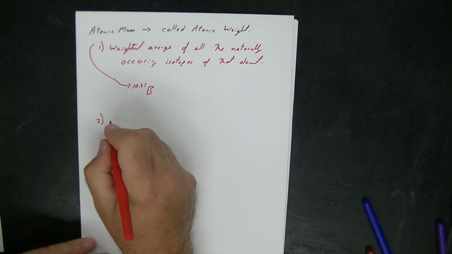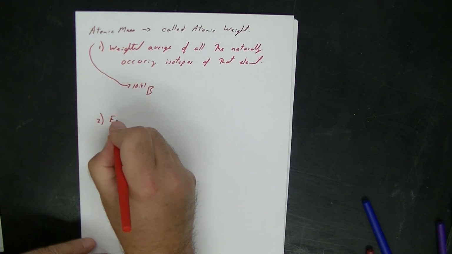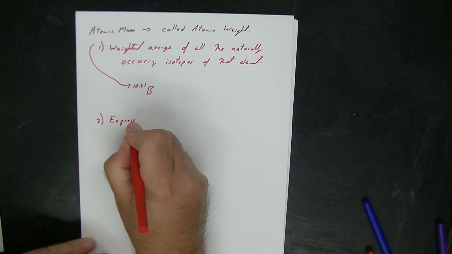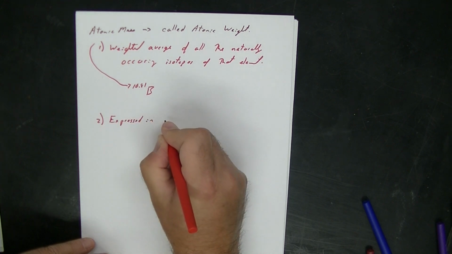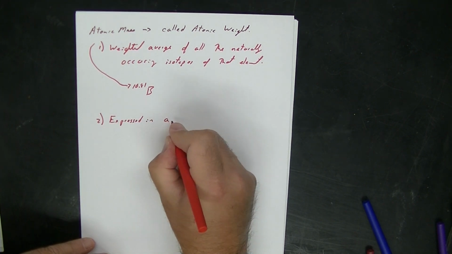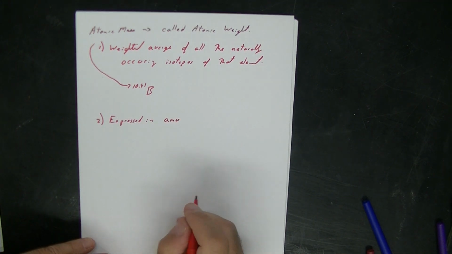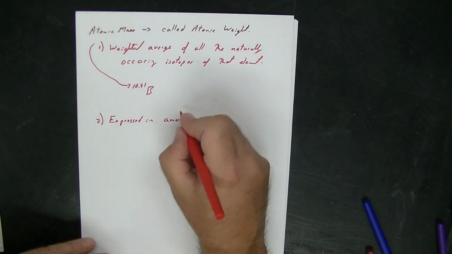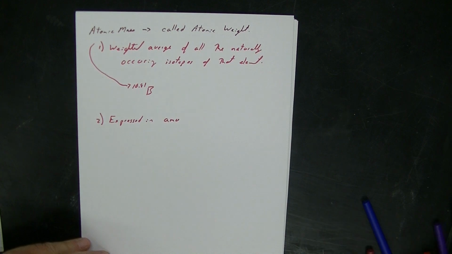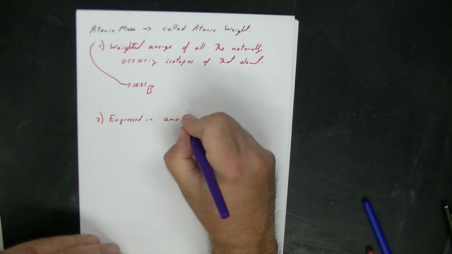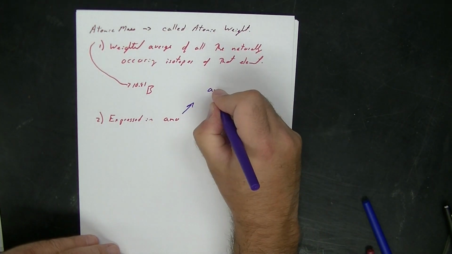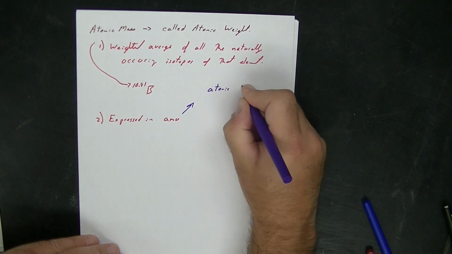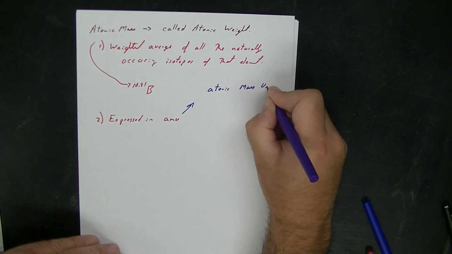So atomic mass is expressed in AMUs, which is atomic mass units. And maybe we should write that in here. We should probably talk a little bit about an AMU, atomic mass unit.